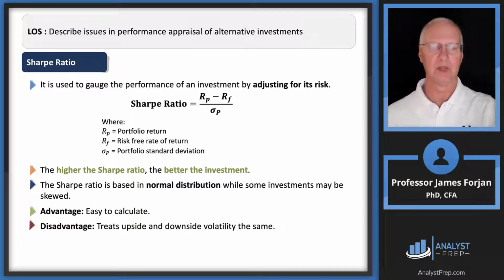What's the advantage? This is super easy to calculate. But another disadvantage is that because we use standard deviation, which measures the distance from the mean return to all of the other returns, if we're going over a historical period, it takes a look at the upside and the downside risk in an identical manner.